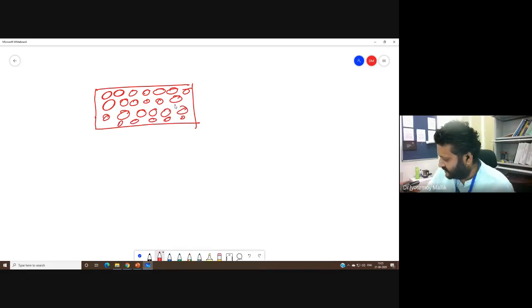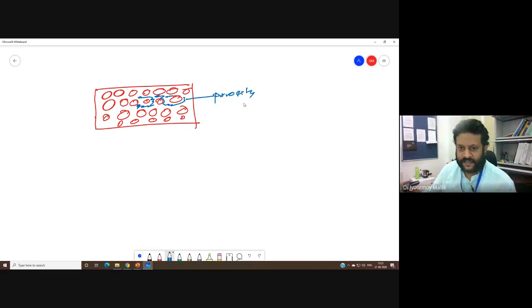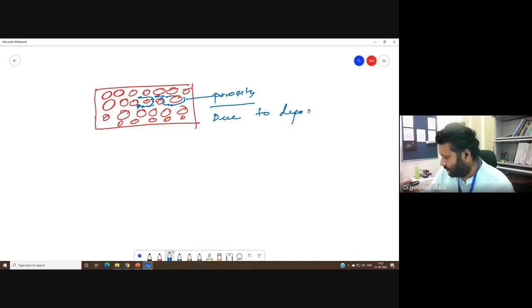And here, this is my porous space, right? This is my porosity. And this porosity is developed because of the deposition of this rock, right? So hence we call it primary porosity.